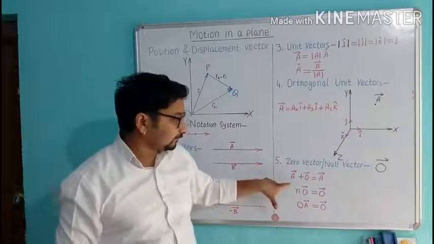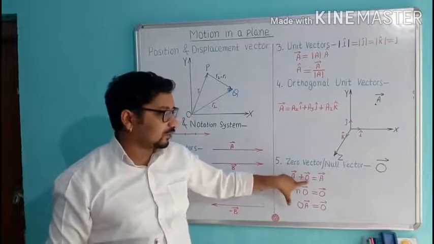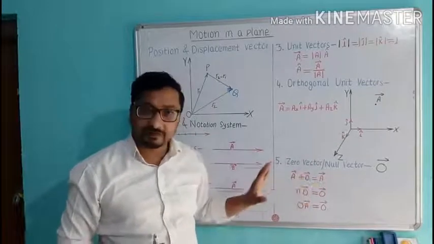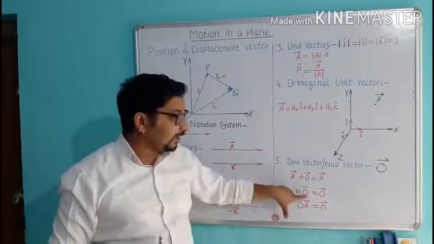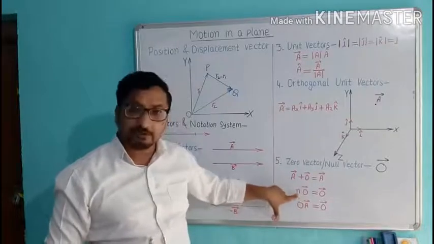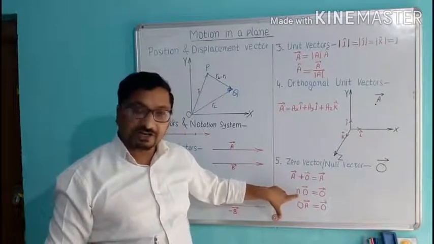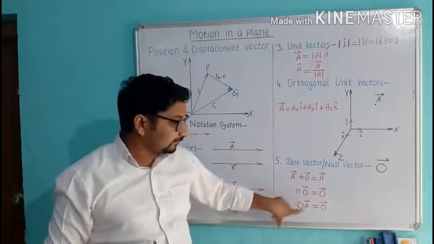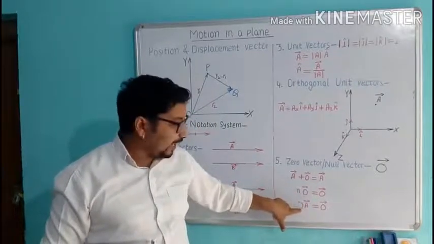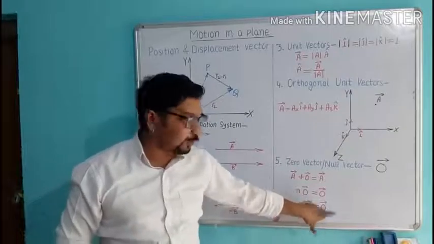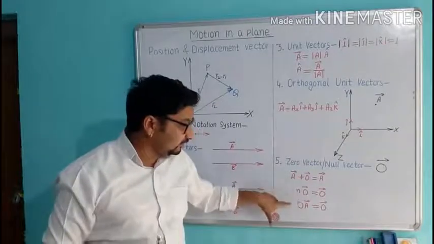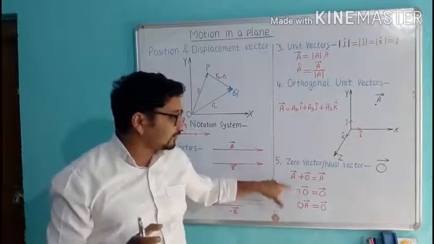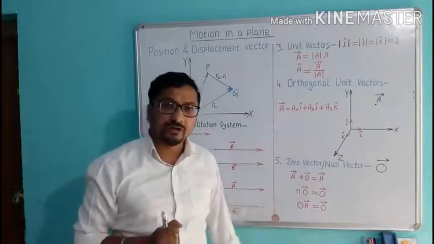So if we add zero vector to any vector, we get the same vector. If we multiply zero vector by any real number, then we get zero vector. And if we multiply 0 by any vector A, then we get zero vector. These are the three characteristics of zero vector or null vector.